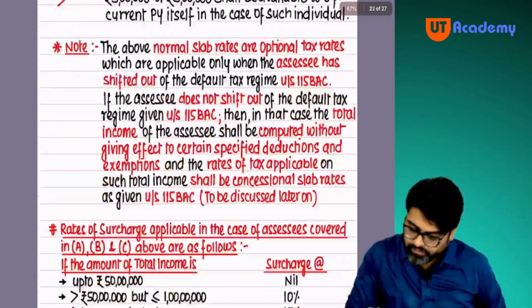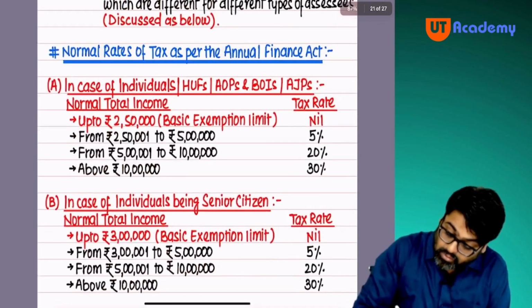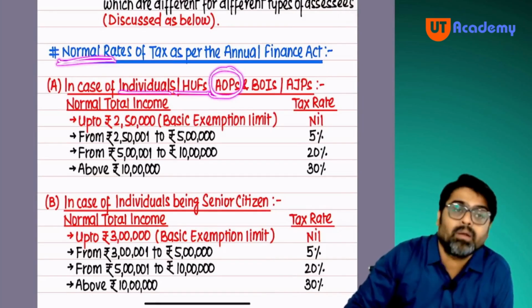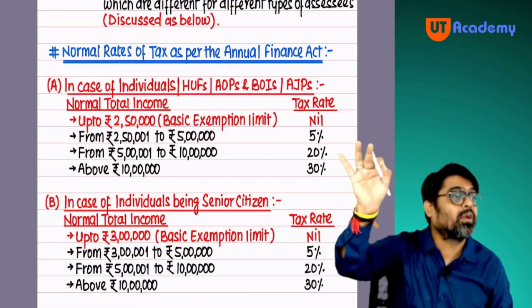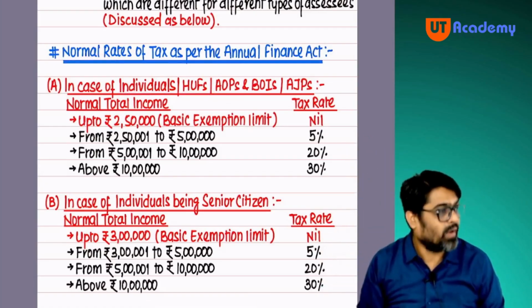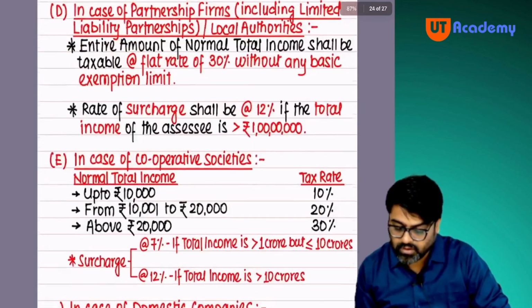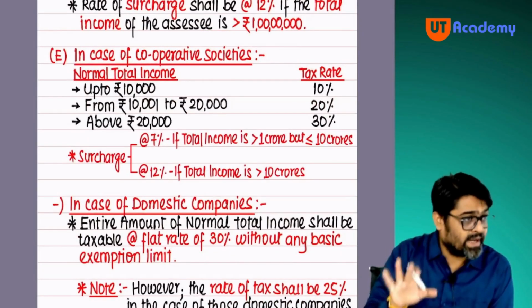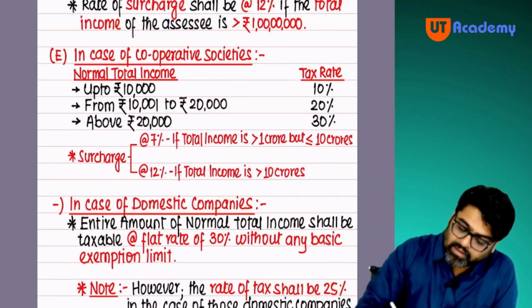These are the normal tax rates in case of individual, HUF, AOPs and BOI. Which AOPs are covered? All AOPs other than cooperative societies. Why? Because for cooperative societies, there are different tax rates, even though they are AOPs.